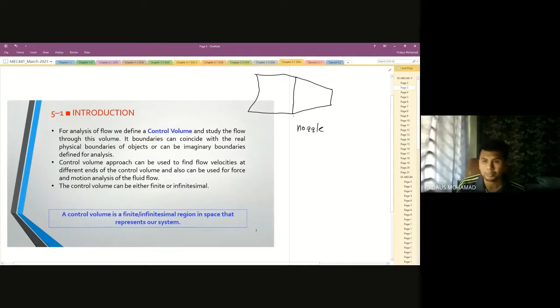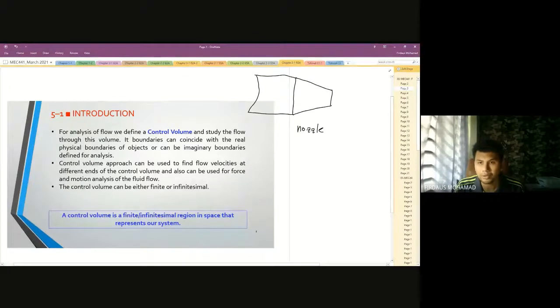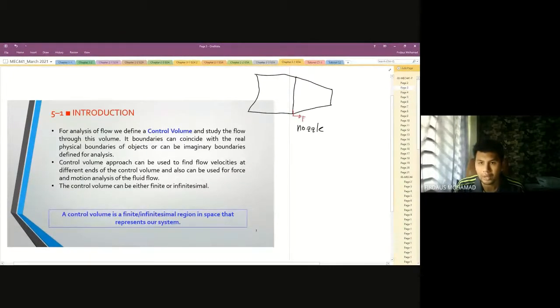Let's say this nozzle is a very big nozzle, and we need to find the required force here: F, R, X, and then F, R, Y, sama kat sini. So kita tahu berapa anchoring force ataupun required force in order to hold the nozzle static. Maknanya dia tak bergerak.